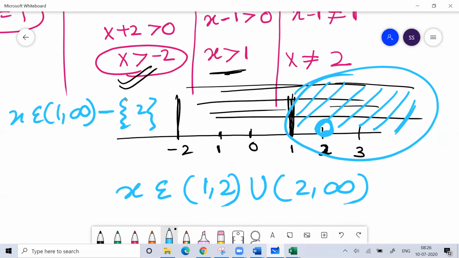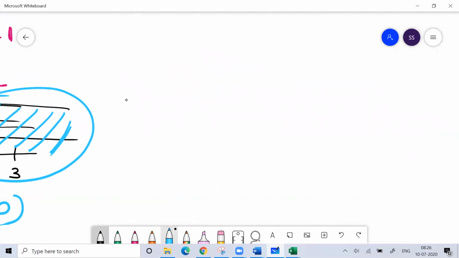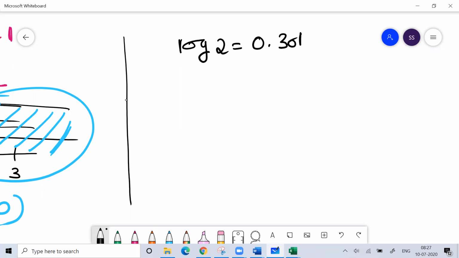So if we understand this question, we have developed a basic understanding about the application of log, how we can work on log. Whenever you solve problems on log, it is good to remember a few values: log 2 is 0.3010, and log 3 is 0.4771.